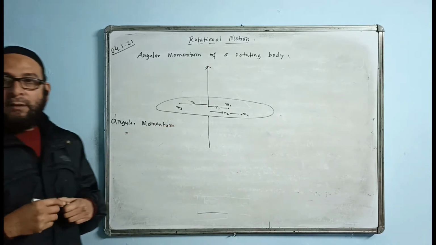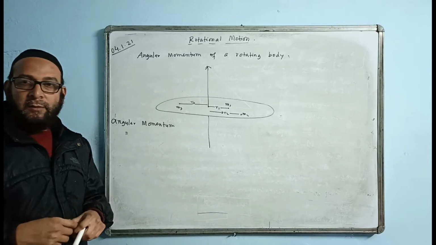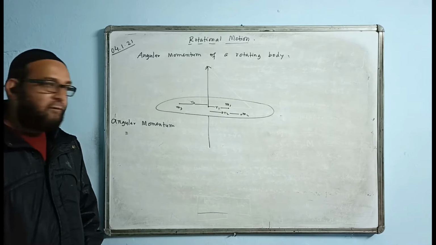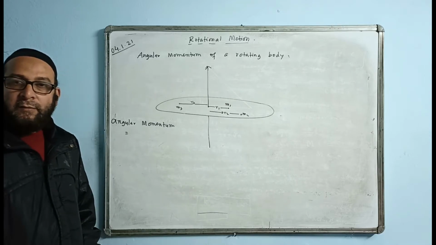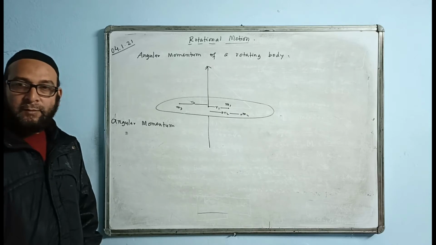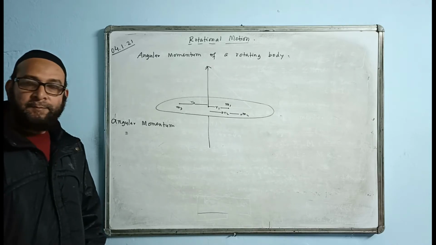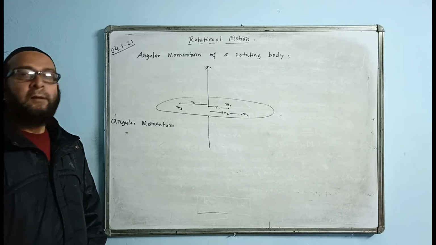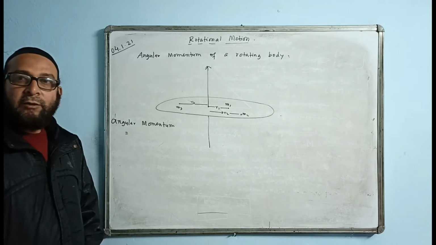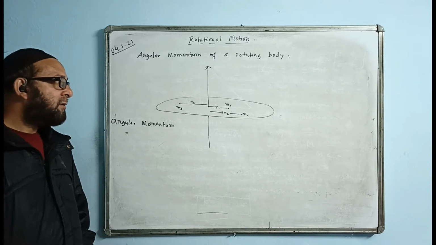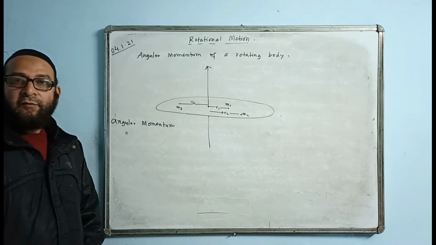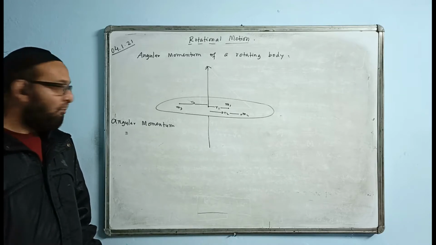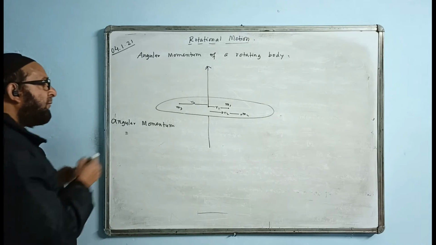Angular momentum is the product of linear momentum and its perpendicular distance from the axis of rotation. That is angular momentum from its linear momentum.